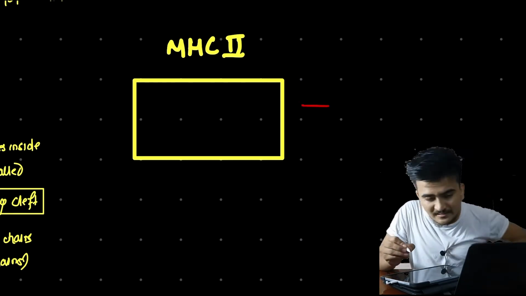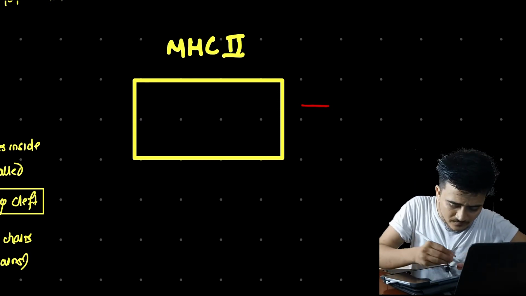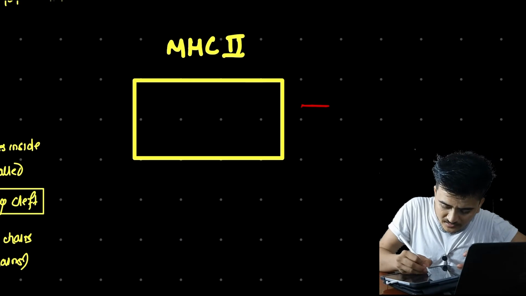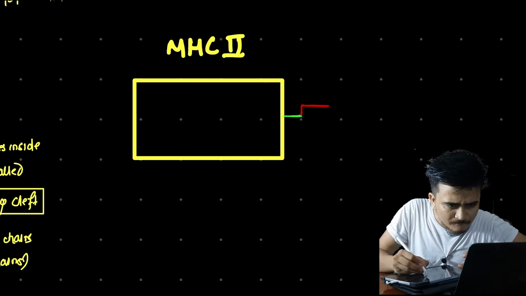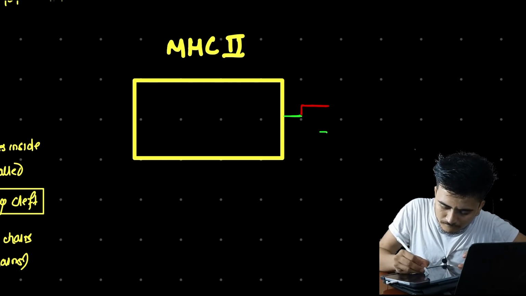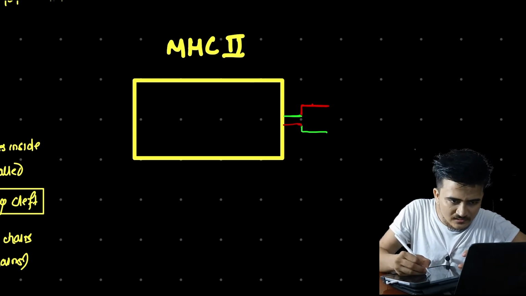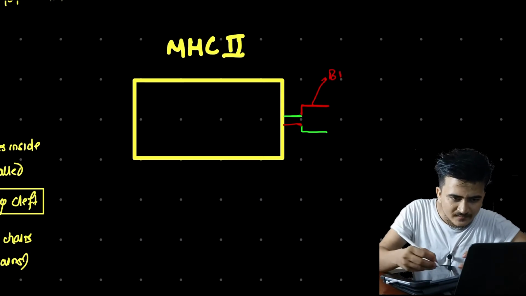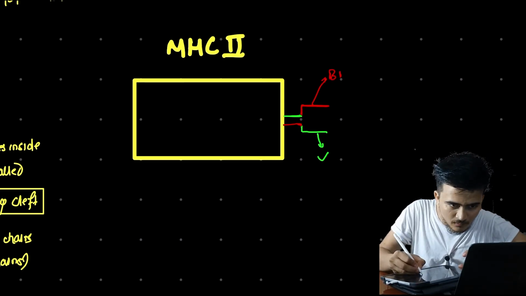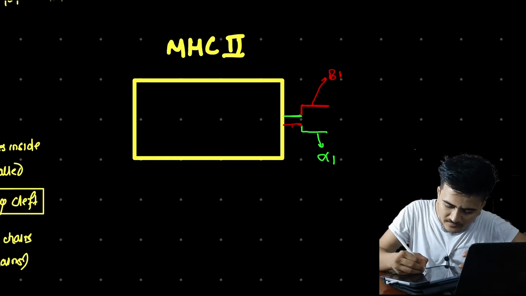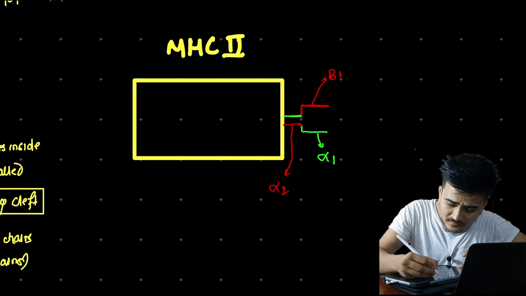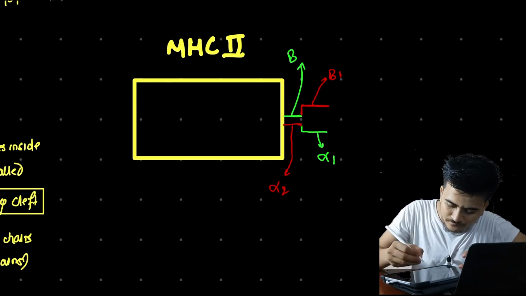ABC, right? Antigen binding cleft, and here in this case we can see this one, and then we can see this one. Here, this is beta 1, and the one that I'm showing here is alpha 1, and this is alpha 2, and this is beta 2.